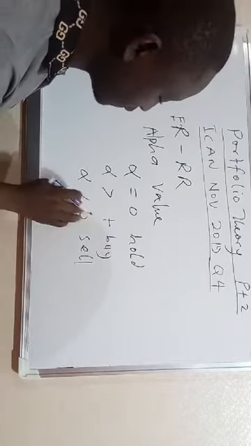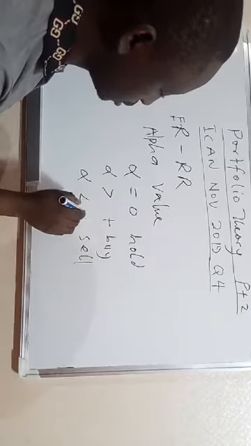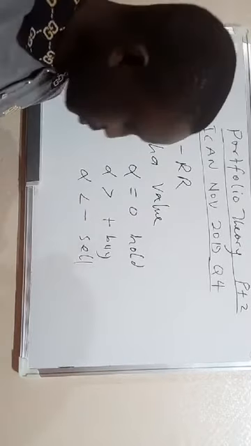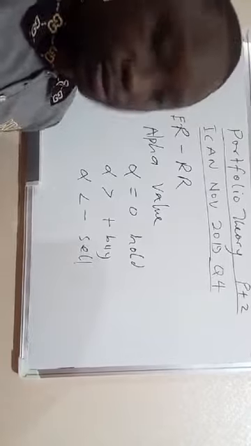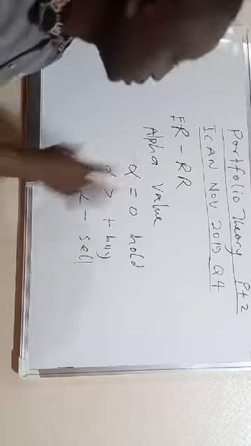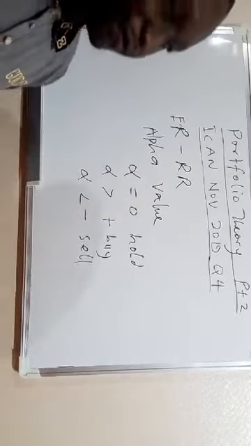And if the alpha value is less than 0, negative, you can say that it is overvalued, so you sell. That is how we use the alpha value.